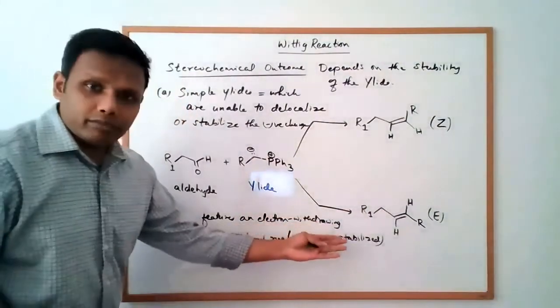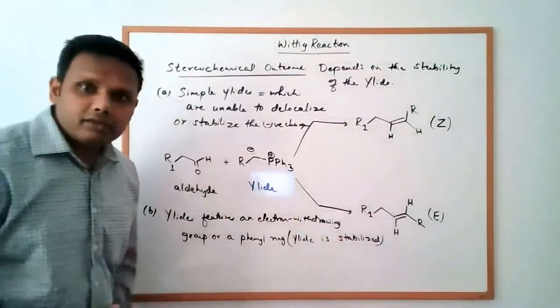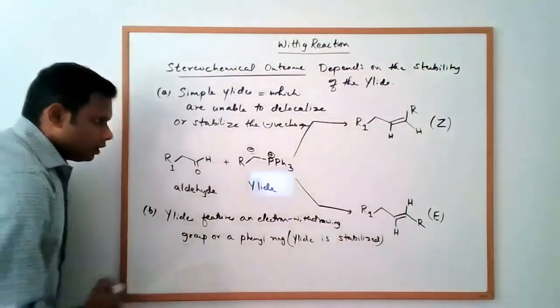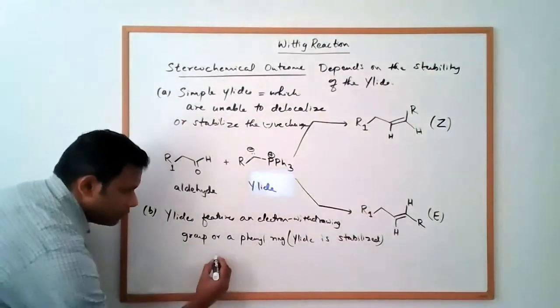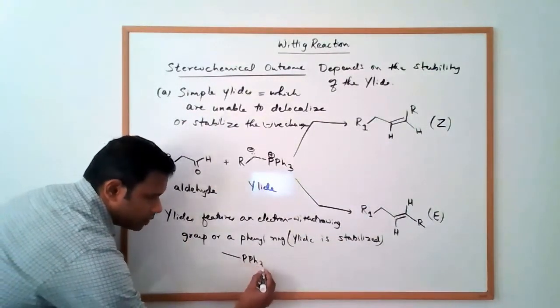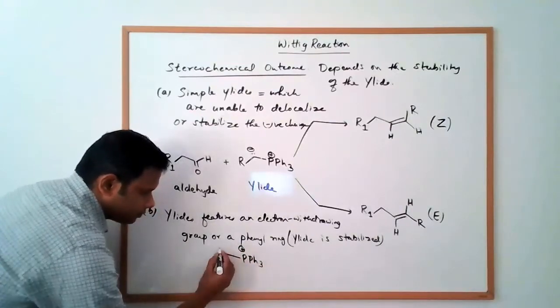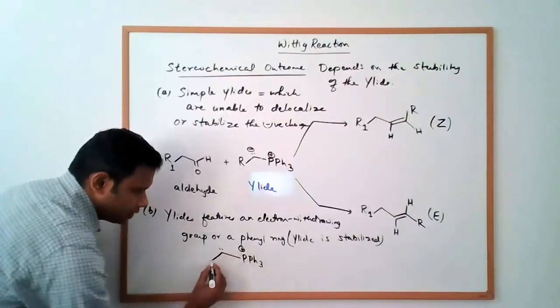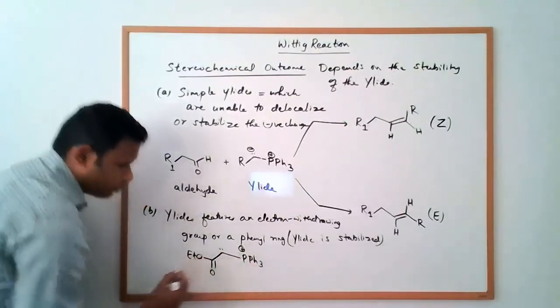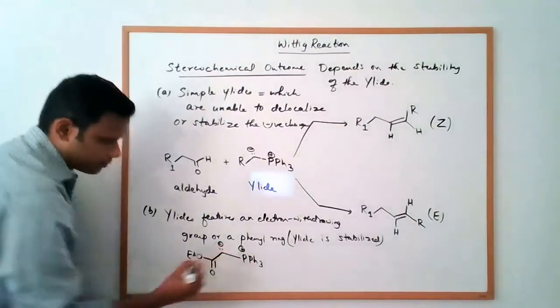Okay, so examples of cases where this ylide would be stabilized, I'm going to list a couple of them here. Let's assume that we have an ylide where we have the triphenylphosphine, the charge, and let's say there's an ester group right next to this ylide.